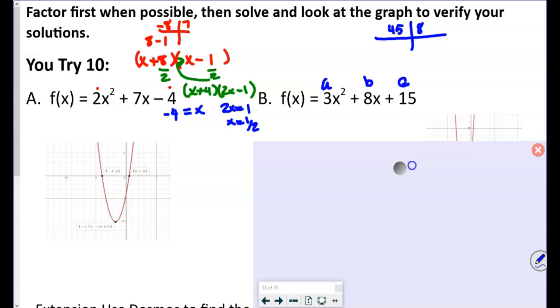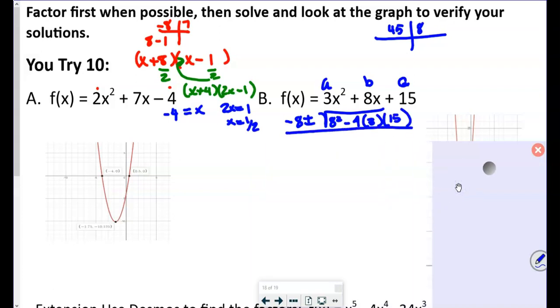Okay, so we're going to do negative b, which would be -8, plus or minus the square root of b squared, which is 8 squared, minus 4 times a times c, all over 2 times a, right? See if I can move this over here so it's out of our way for the moment. It's just going to be 2 times 3.